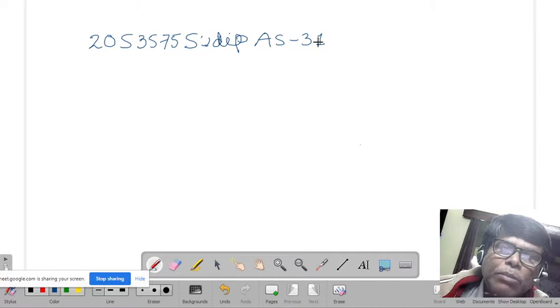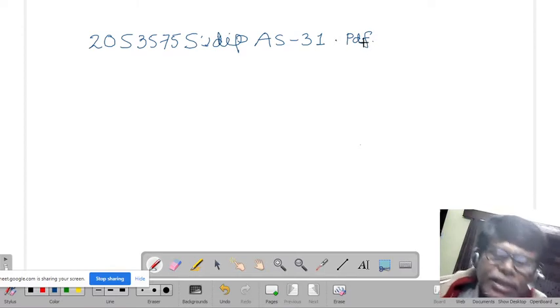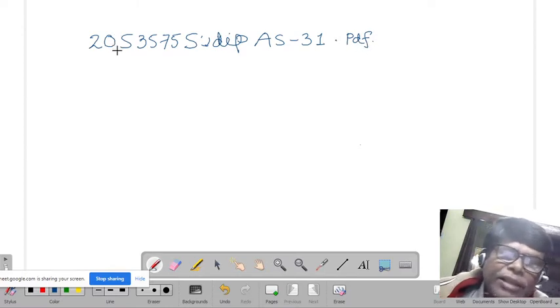If it is page number 1, then you can put 3 2 for page number 2, 3 3 for page number 3, and so on. After you finish, you end it with dot pdf and save it, and then send this as an attachment to me by WhatsApp.